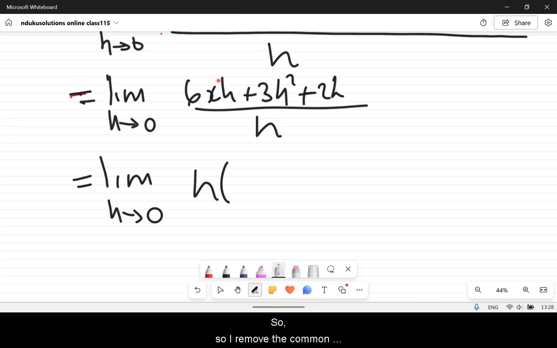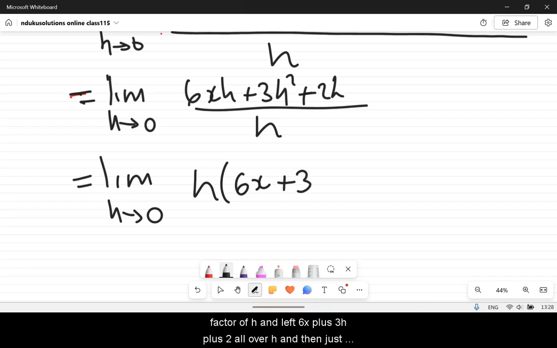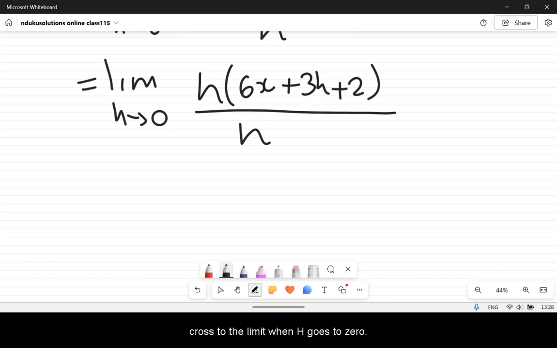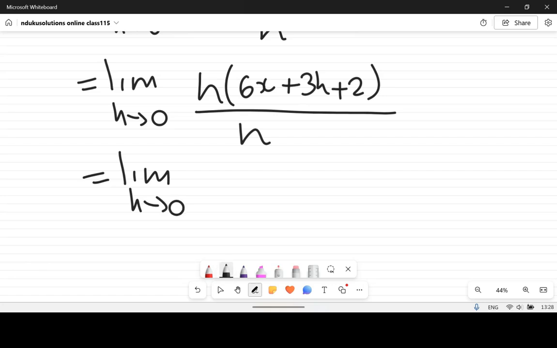I'm left with 6x plus 3h plus 2 over h, and then cross to the limit when h goes to 0. Now this h will divide the h.